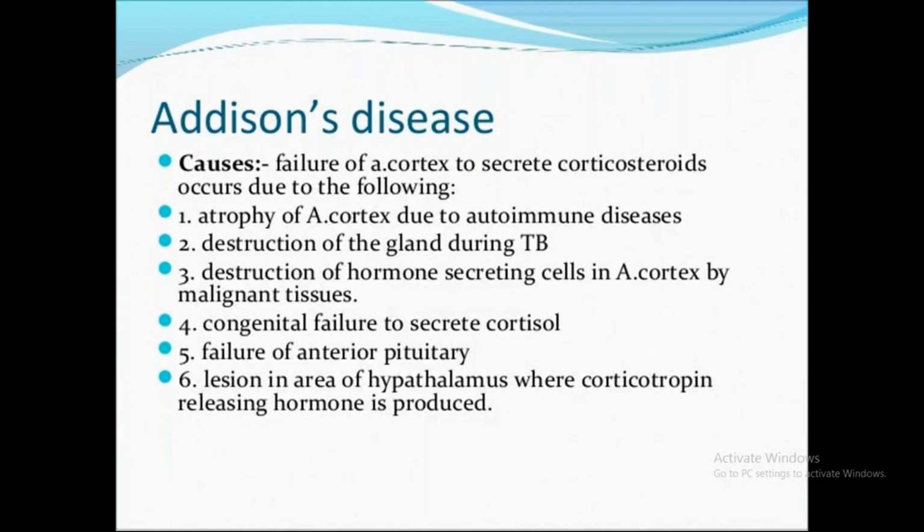And what are the causes of Addison's disease? Failure of the cortex to secrete corticosteroids. One is atrophy of the cortex due to autoimmune diseases, destruction of the gland during TB, destruction of the hormone secreting cells in the cortex by malignant tissue, and congenital failure to secrete cortisol. Then there is failure of the anterior pituitary, because the hypothalamus and anterior pituitary both coordinate the release of the adrenal hormones.